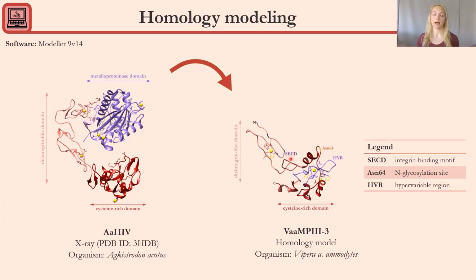This is a highly conserved motif among DC proteins, and it is known to mediate their antithrombotic activity. Another potential site of interaction with its biological targets is a hypervariable region, which is located in its cysteine-rich domain.